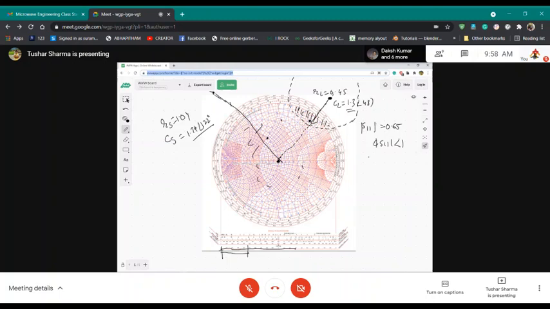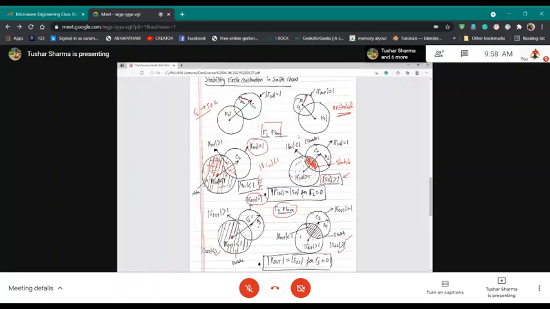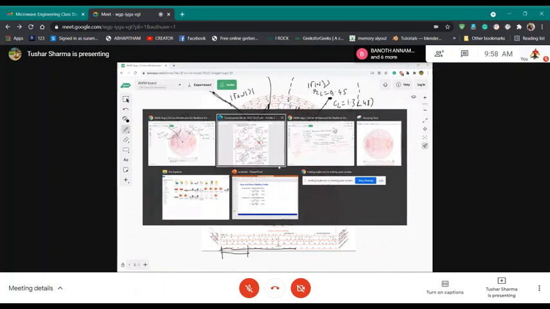You will put that, you will put the radius, and then you will draw a circle, right? And then same thing, once you draw the circle, this will represent gamma out greater than 1. This is representing gamma in greater than 1, and for the load you should check S22, not S11. We made a mistake. So S22 needs to be checked, not S11.